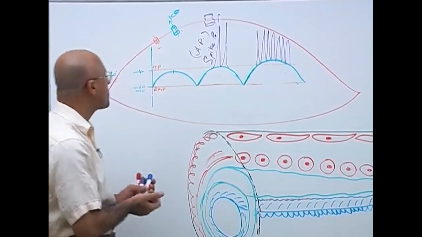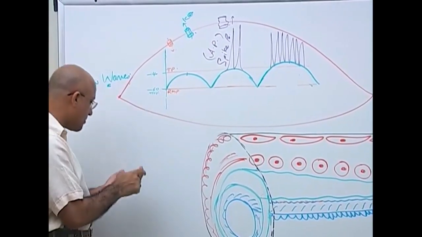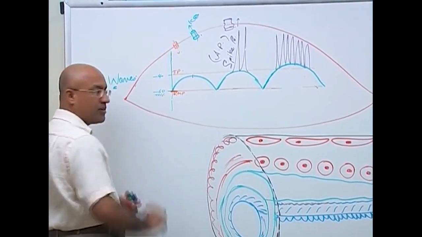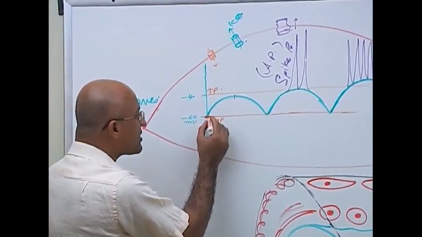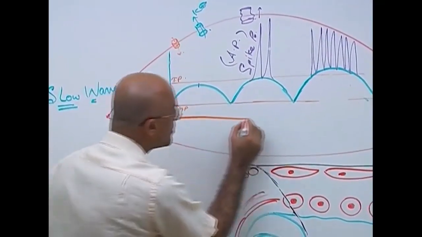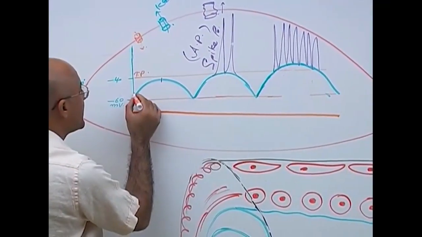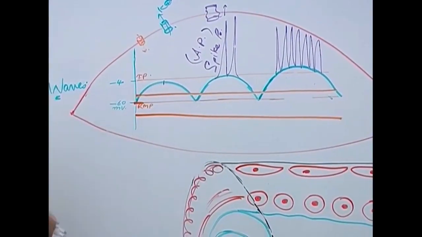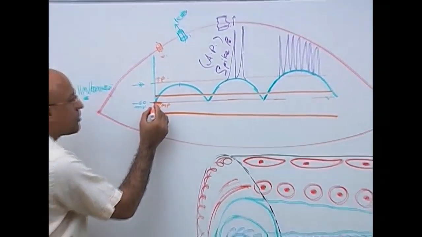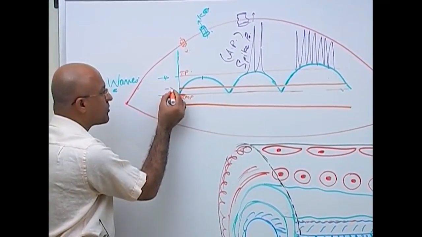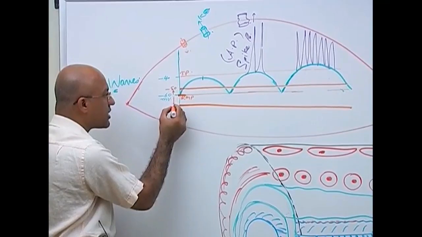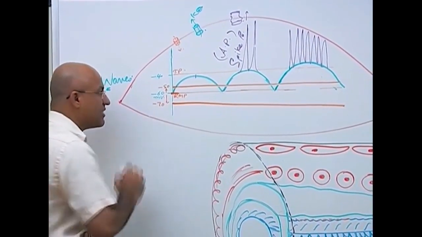Now we'll observe another thing: this resting membrane potential, which is normally around -60 millivolts, can be persistently made more negative or it can be made less negative. There are some factors which move the resting membrane potential from -60 to -50 millivolts, and other factors which can take it from -60 to -70 millivolts.